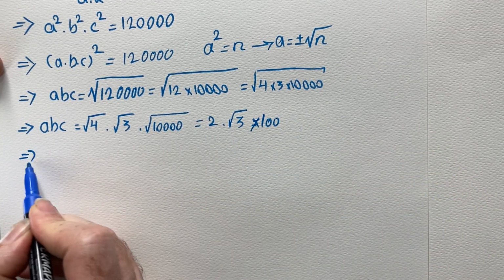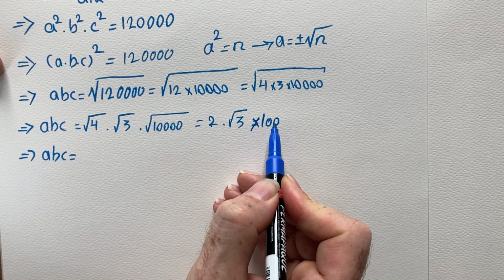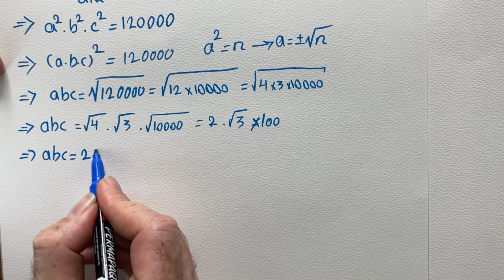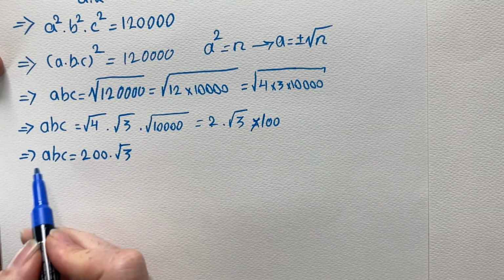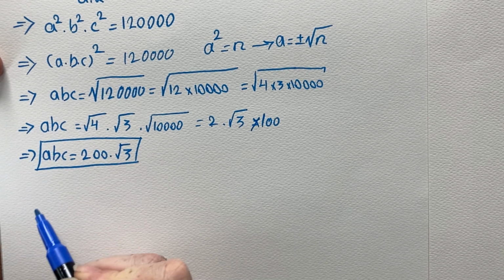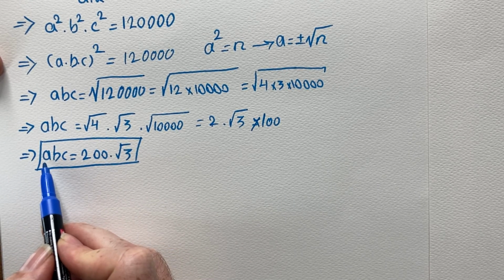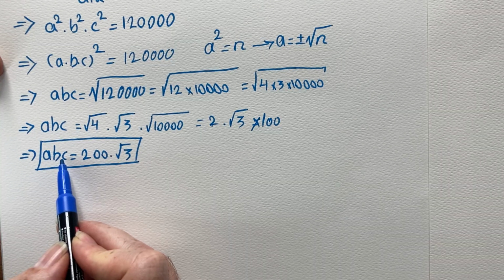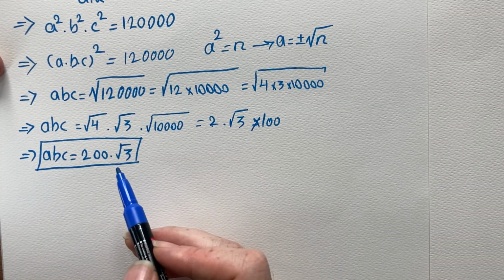So from here, the value of A, B, C is going to be 2 times 100, which means 200 times second root of 3. Okay, until here, good job. We did it well. Now, second part of our solution. We are going to use the product of A, B, C to find out the value of A, B, C separately.